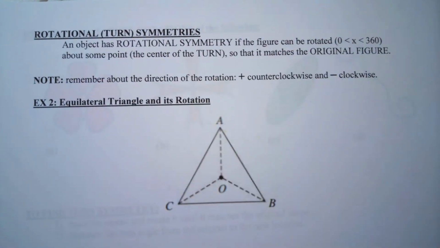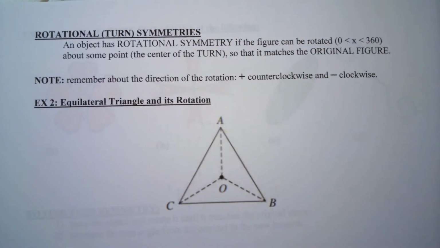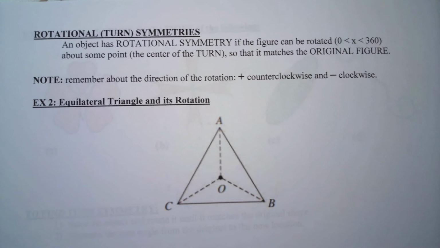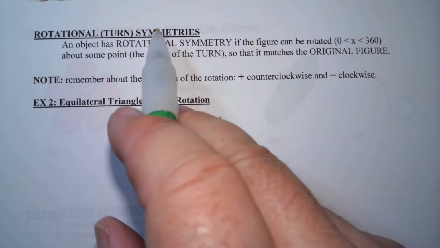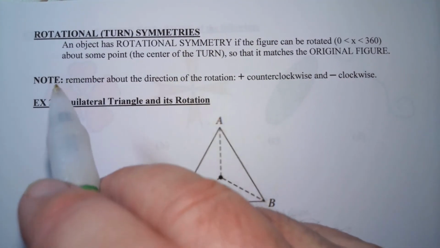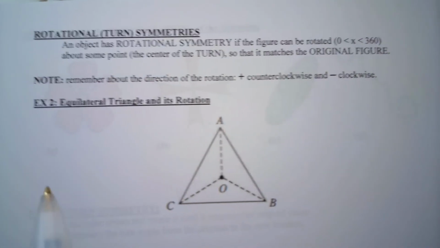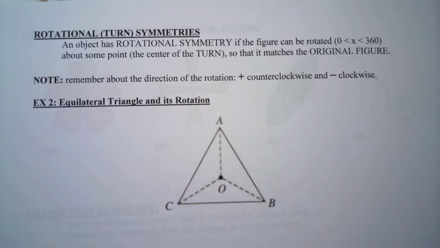Rotational or turn symmetries. Because we just looked at lines of symmetry, straight lines that divide an object into 2 equal parts, rotational does the same thing. Do we get equal representation of the shape itself as we rotate it? There's no folding in this one, it's just rotating.